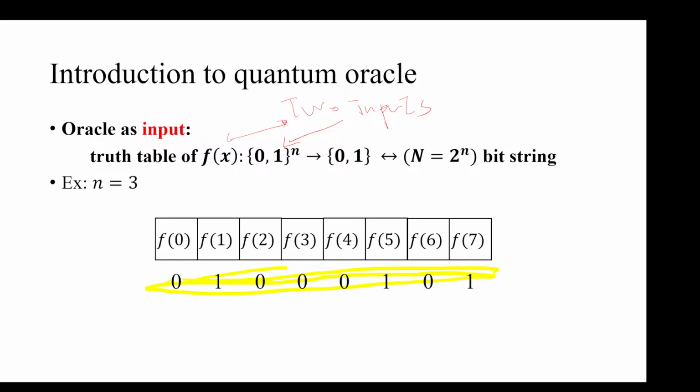We didn't give it a name, but this is kind of what we think of as the function f, because the function f can be described by its whole truth table, the whole big N equal to 2 to the n bit string. Hopefully this clears more things up than it creates confusion.